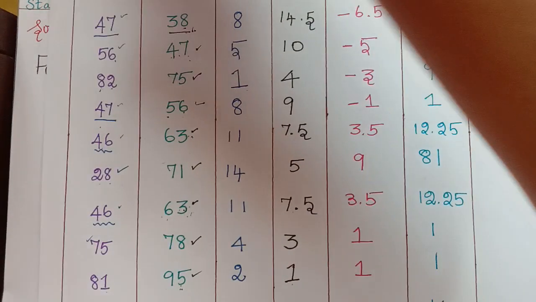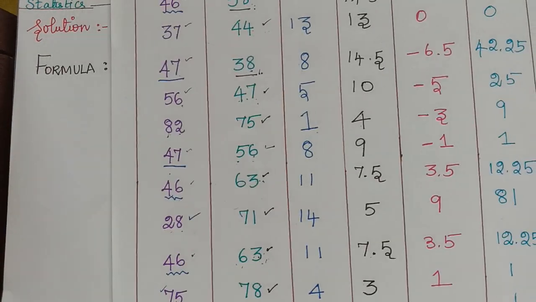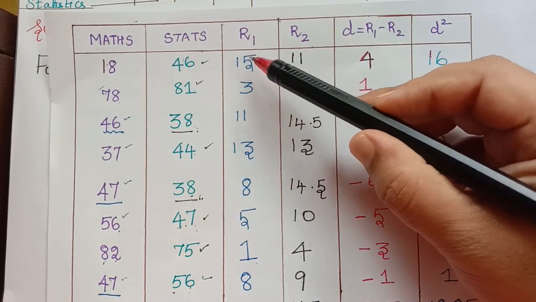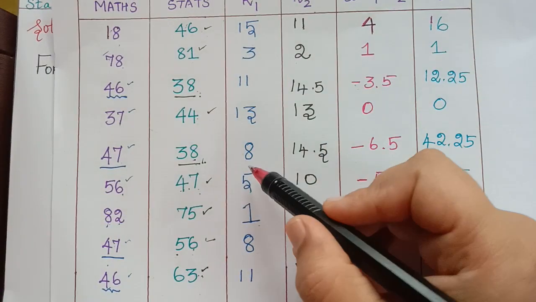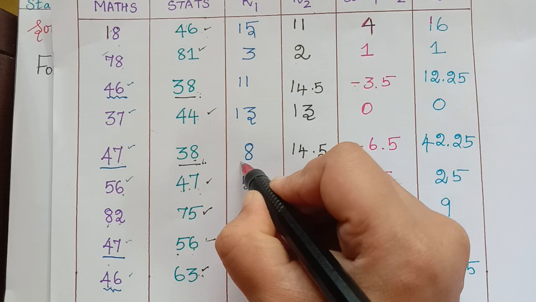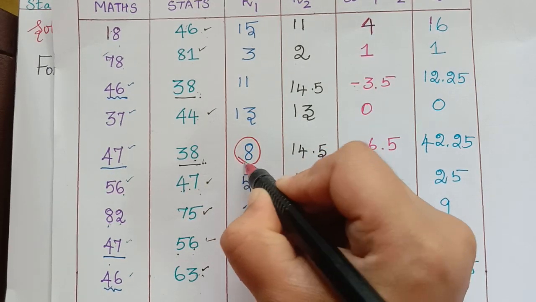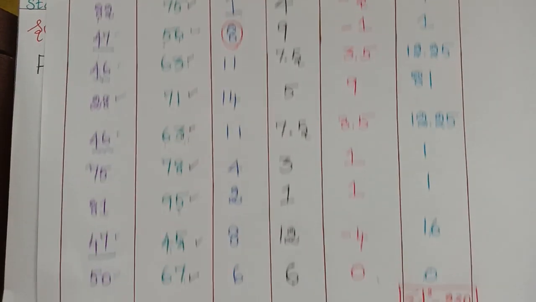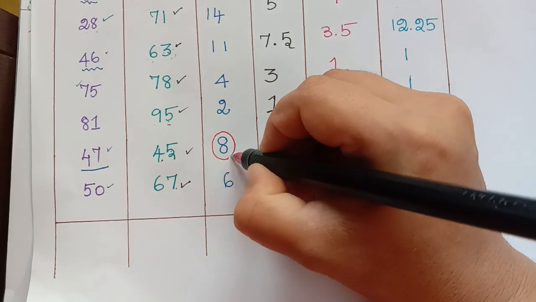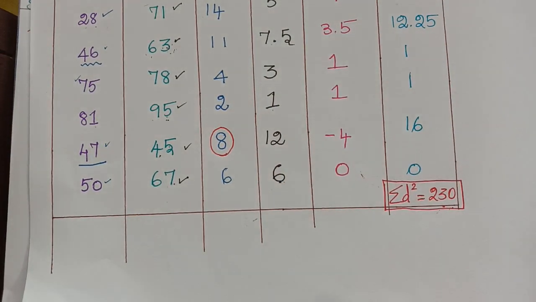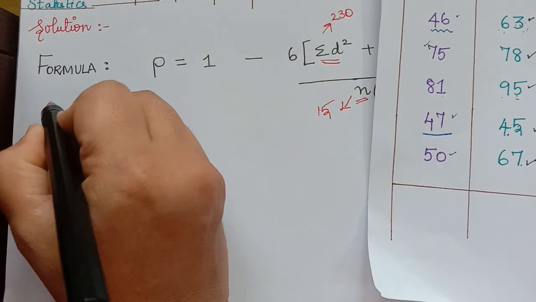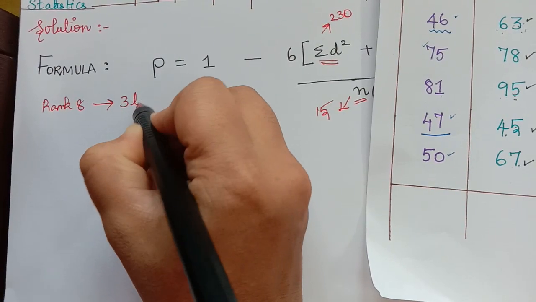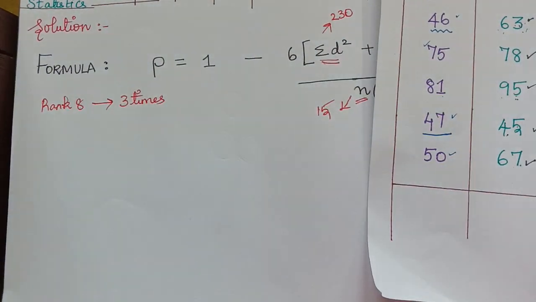To find the value of m, what we should do is, in rank 1, check what are the ranks that are repeated. First, if you see, rank 8 is repeated. So how many times is it repeated? Rank 8 is here, and then it is here, and then it is here. 3 times. So make a note of it.